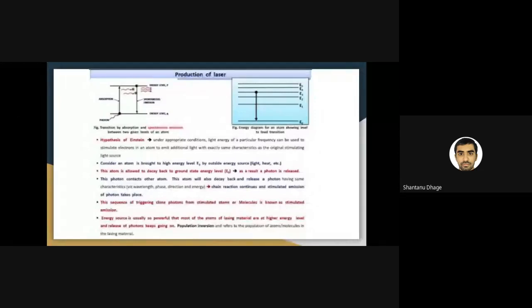I was talking about the feedback mechanism. As you know, you have the lasing material or the lasing medium as shown in this slide as well. This can be a solid lasing medium, or it can be a gas mixture, as we will discuss later.